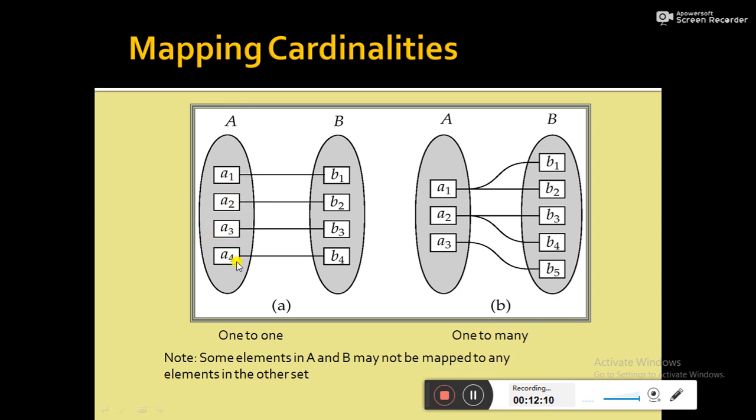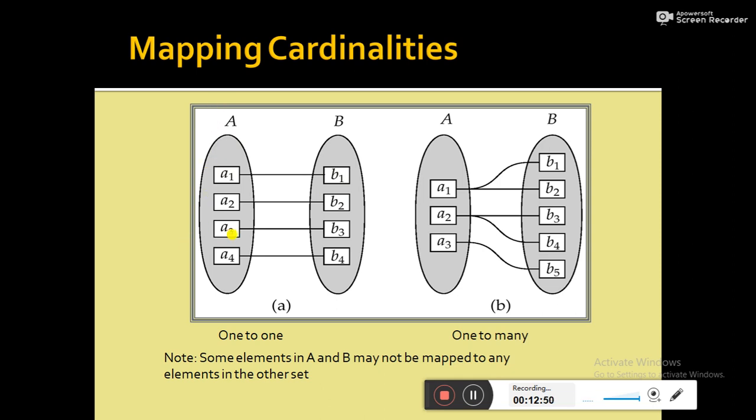These are the records or entities in the entity set A. B1, B2, B3, B4 are the entities in the entity set B. Now one-to-one mapping cardinality means an entity in A is associated with at most one entity in B, and an entity in B is associated with at most one entity in A. So for example, A1 in A is associated with exactly one entity in B, which is B1, and similarly B1 in B is associated with exactly one entity in A, which is A1.